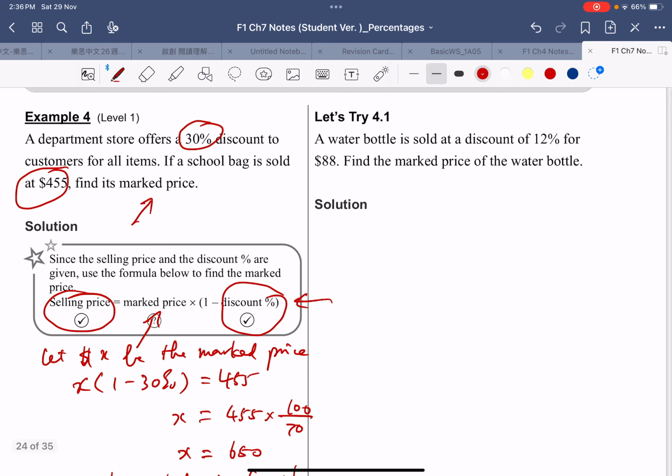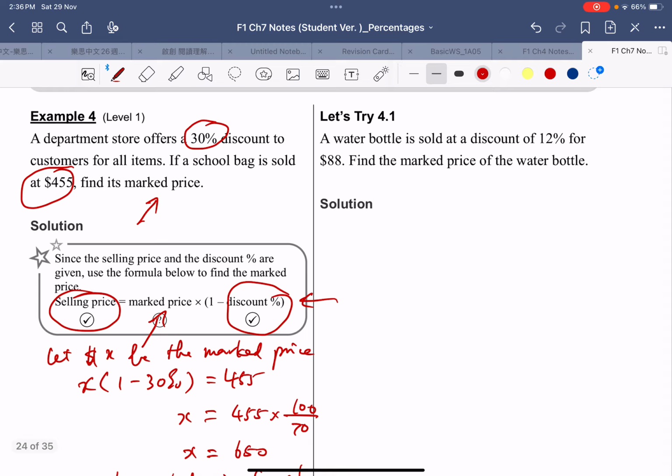Alright, and then this, let's try one more. Again, let x be the mark price of the water bottle.